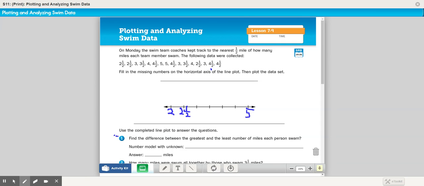So there it is. It says find the difference between the greatest, 5, and the least number of miles for each person. So what's the difference between them? Let's see. Some people swam 2.5 miles, right? Some of the members of the team. Looks like 3 of them did.